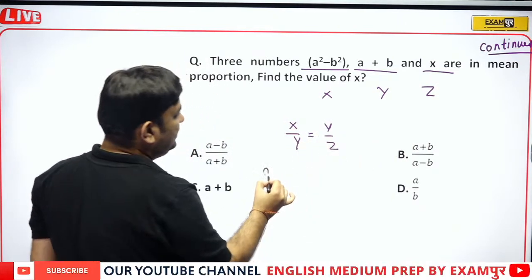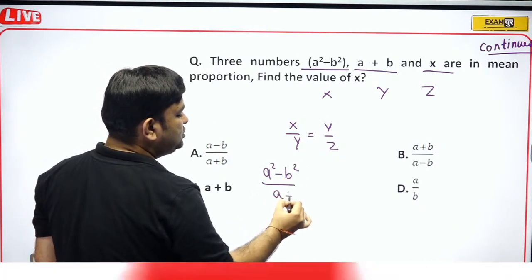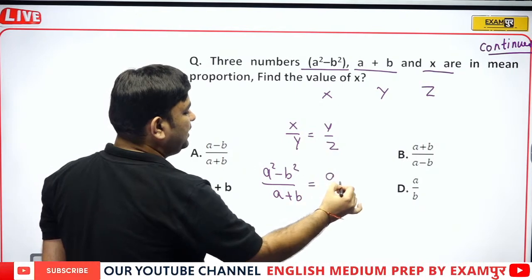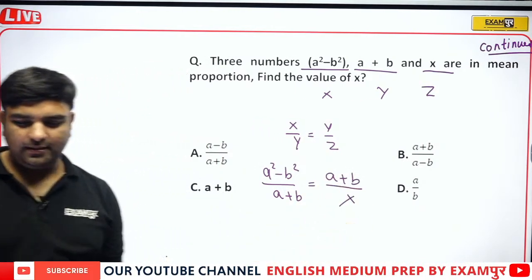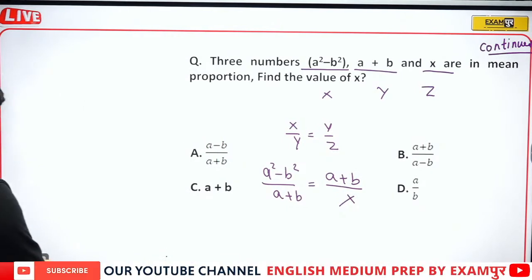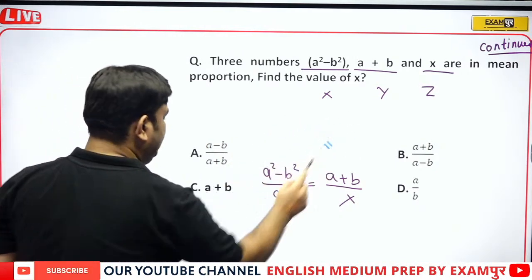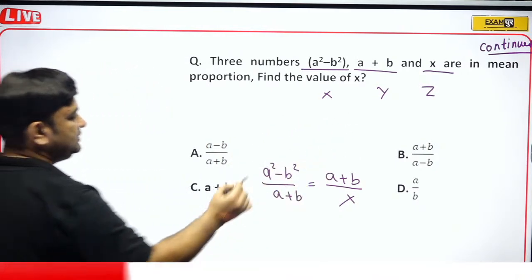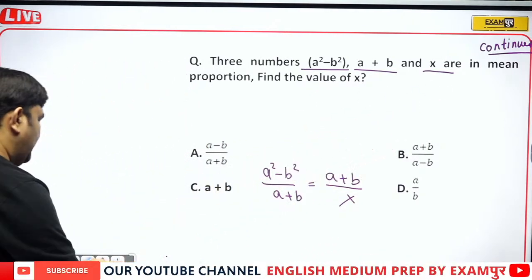So you will say a square minus b square upon a plus b should be equal to a plus b upon x. I'm taking a detailed way, guys, just to make sure that each and every one is able to understand. Why am I writing this?